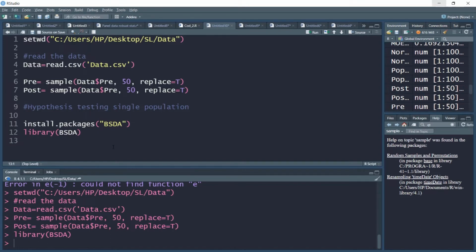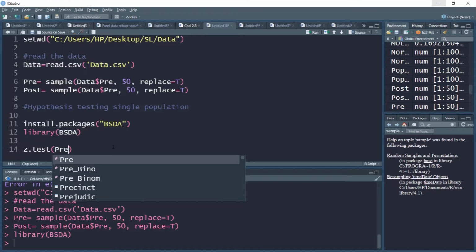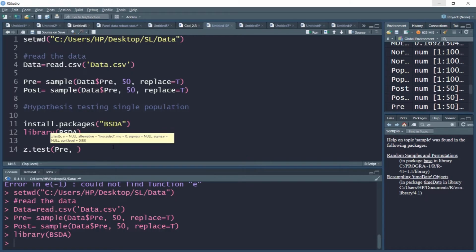Now, as a starting point, we will run this z.test command to conduct the hypothesis test, assuming that the variance of the population is known. The syntax is quite easy. We provide the sample, which is pre first. Later on, we will also examine the post sample. Then we'll provide the hypothesized mean, which is 4.5.